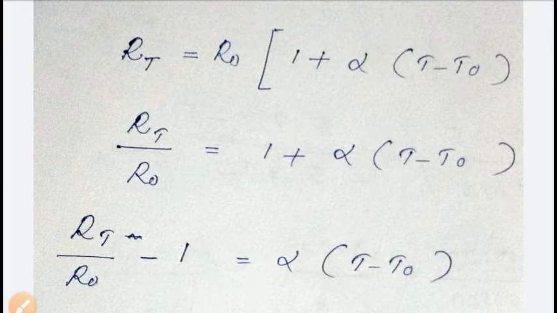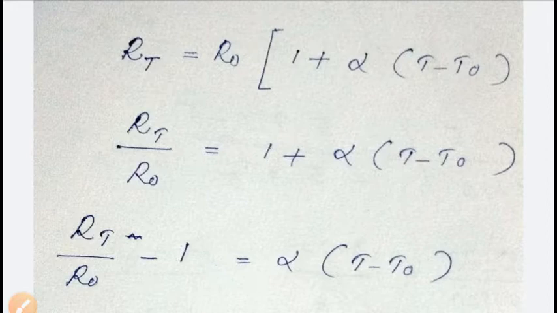But the value of alpha is not given in the question, so first we have to find it. But here we are going to solve this problem not by finding the value of alpha, but by having an equation for alpha.